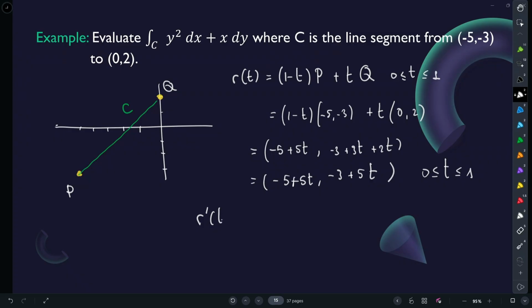What is the derivative of this path? The derivative of x with respect to t is just 5, and for y it is just 5. So not very exciting. That means that when I'm integrating in dx, dx is x prime of t dt.